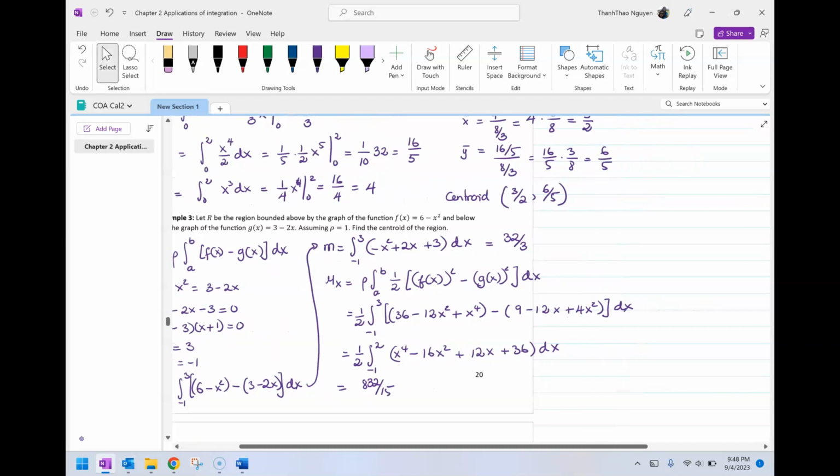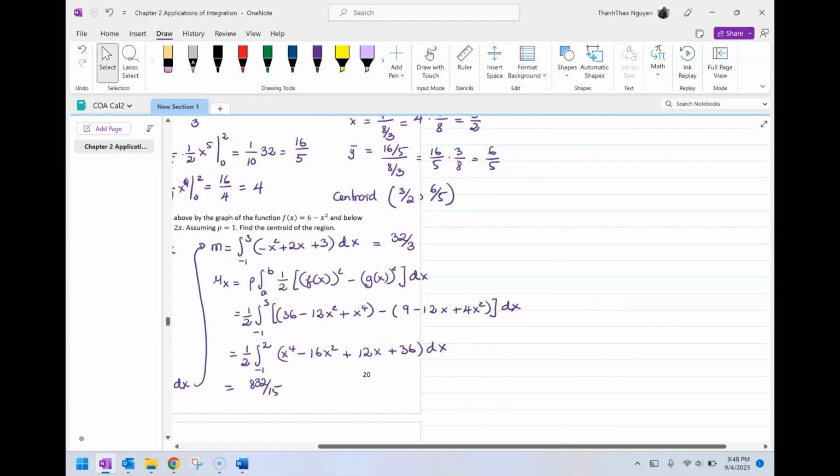Now let's go ahead and calculate the moment with respect to y. That is rho times the integral from a to b of x times the difference of f of x minus g of x dx.